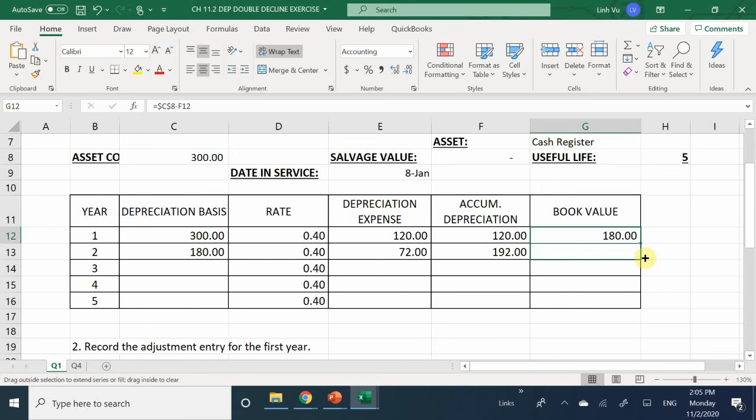Wait, let me see if I typed 192 minus 180. Not 180, that's the book value. What's my cost of asset? Oh, the whole 300. The whole 300. There you go. Oh, sorry. Okay, all right, do that again.